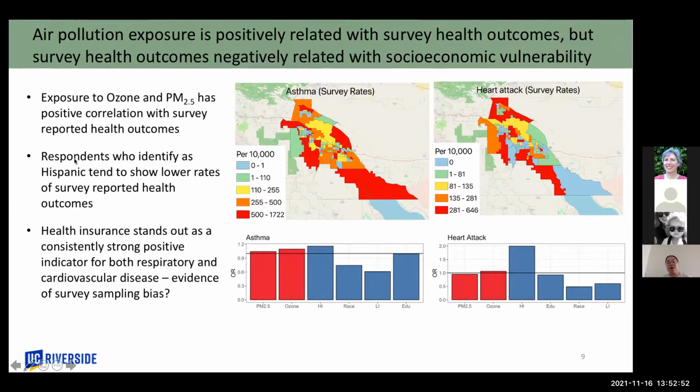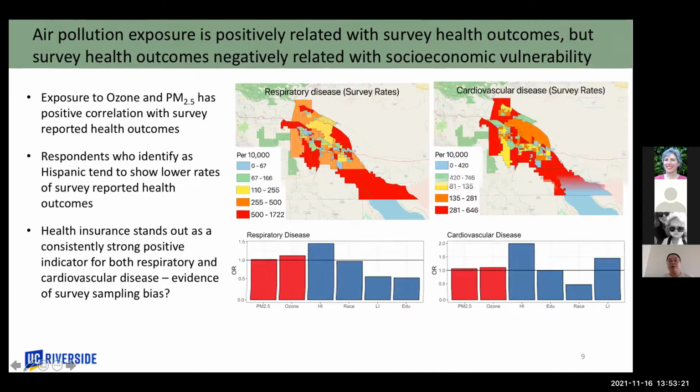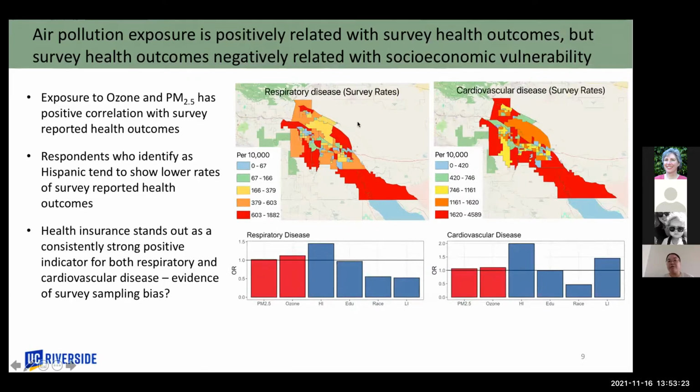According to the result, the respondents who identify as Hispanic, who have linguistic isolation, tend to show much lower rates of survey-reported health outcomes, and health insurance stands out as a consistently strong positive indicator for asthma and heart attack. We also found a very similar pattern for respiratory disease and cardiovascular disease overall.